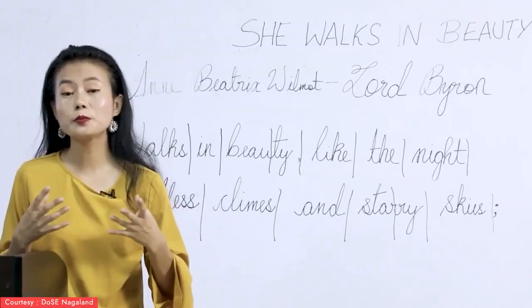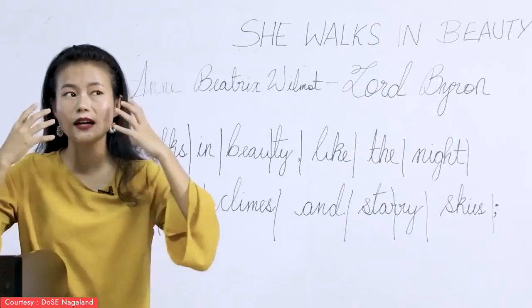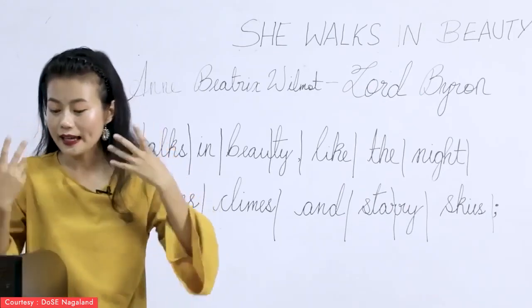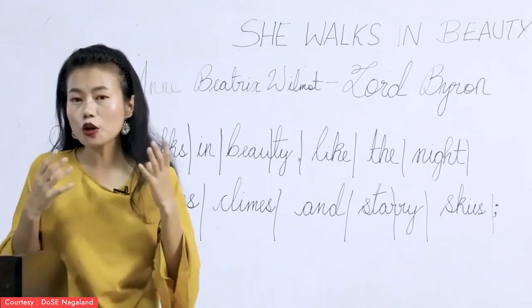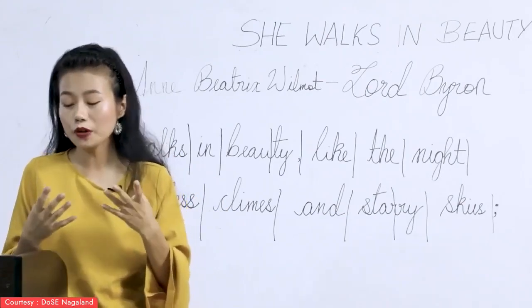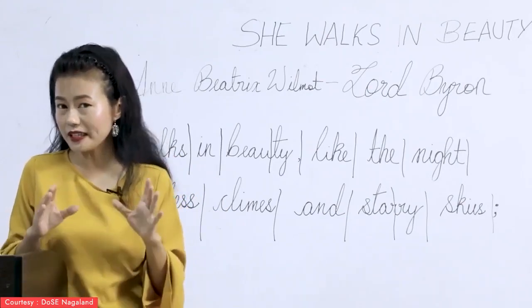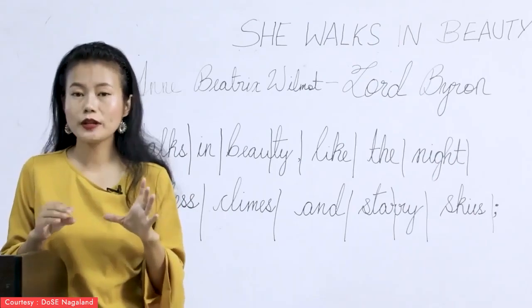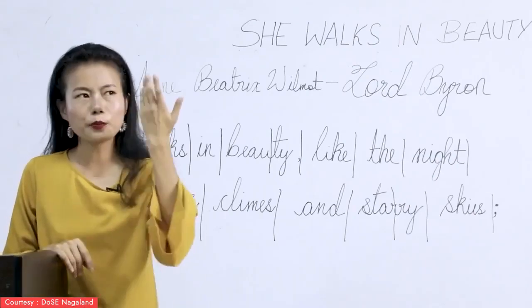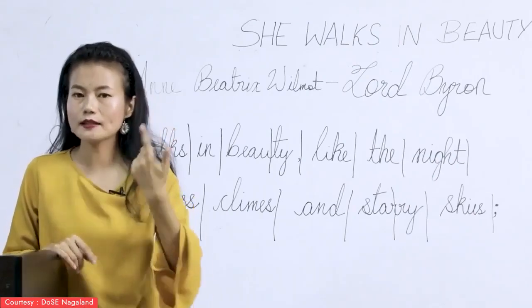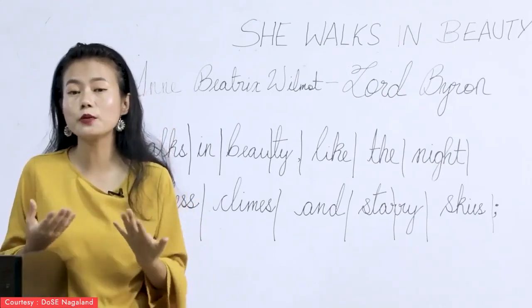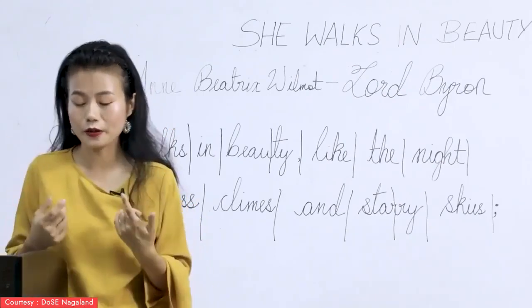Now, the woman's smiles and her tints, that means her healthy blushes, okay? And her tints that glow on her cheek and brow are serene and calm. So here, brow is just a poetic way of saying forehead, okay?